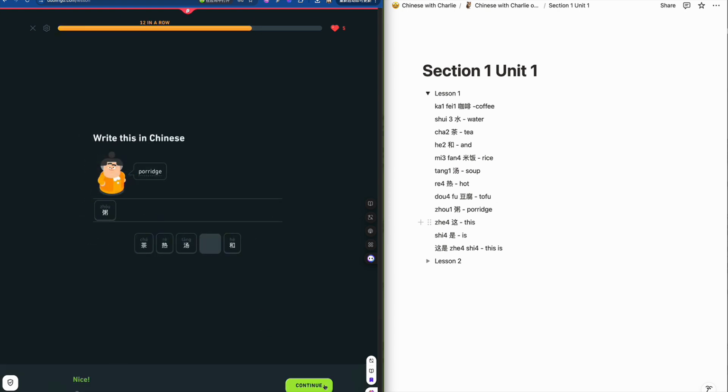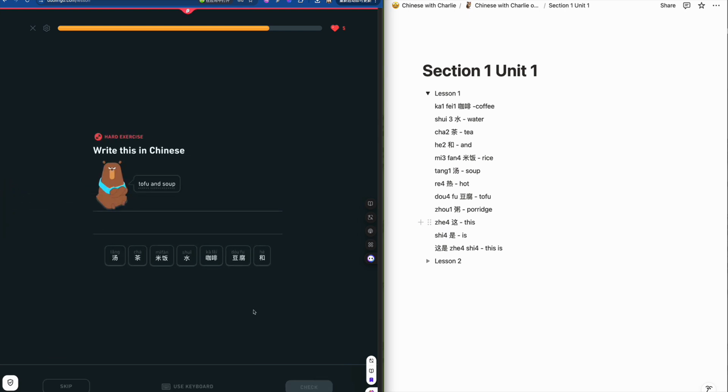Porridge, 粥. Tofu and soup, 豆腐和汤. Tofu and rice, 豆腐和米饭. Rice and tofu, 米饭和豆腐.